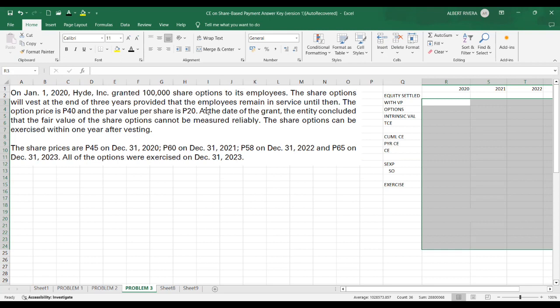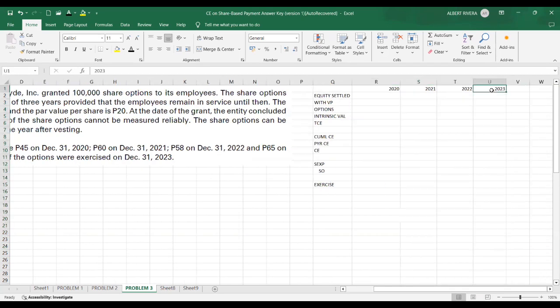May covenant kasi yan kapag ganyan, meron diyang pinipirmahan na agreement, no? The share options can only be exercised within 1 year after vesting. So meaning that is now the period wherein the employee can exercise. After the vesting period, hindi niya pwedeng i-exercise yan at December 31, but that would be within 1 year after vesting. Kaya meron ditong 2023. Okay?